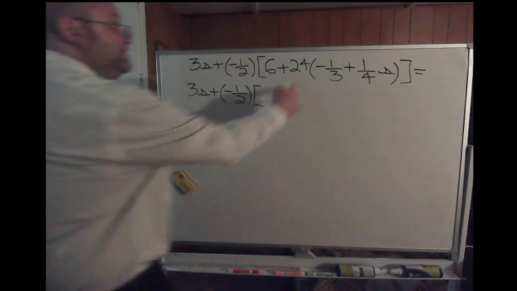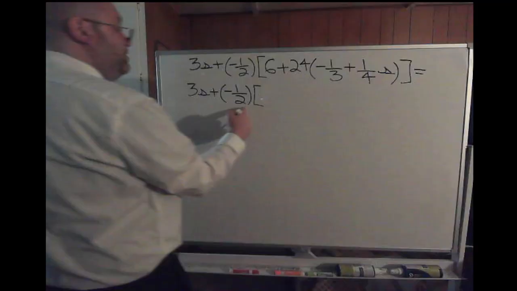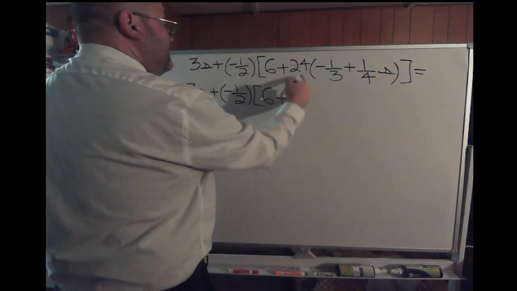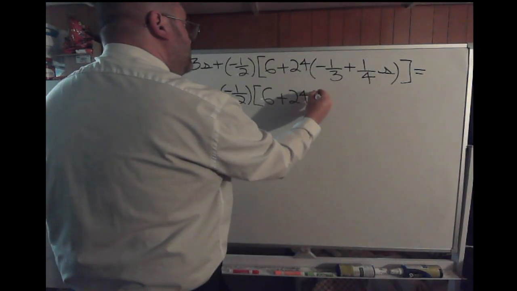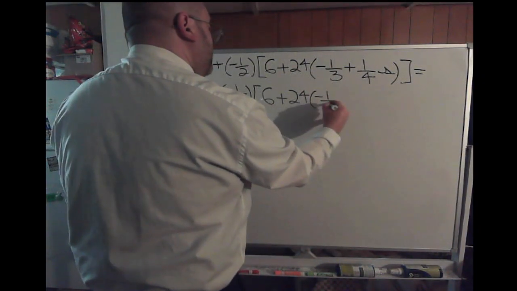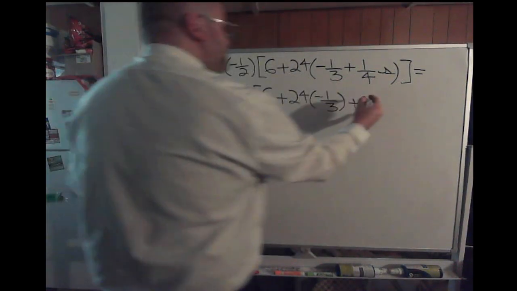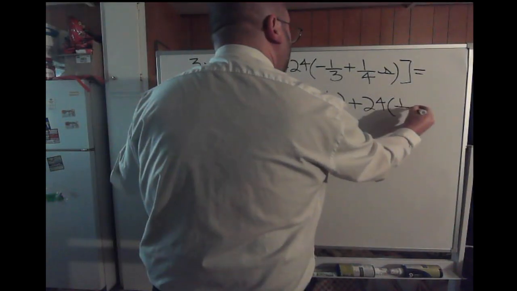So we're going to deal with these innermost parentheses first. So you'll still have 3s plus -1/2 times the bracket of 6 plus, now you're going to distribute that 24 times -1/3 plus that 24 times 1/4 s.